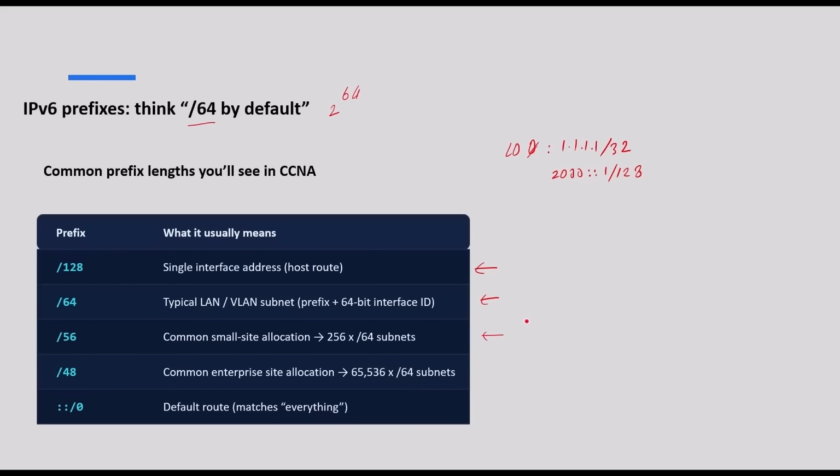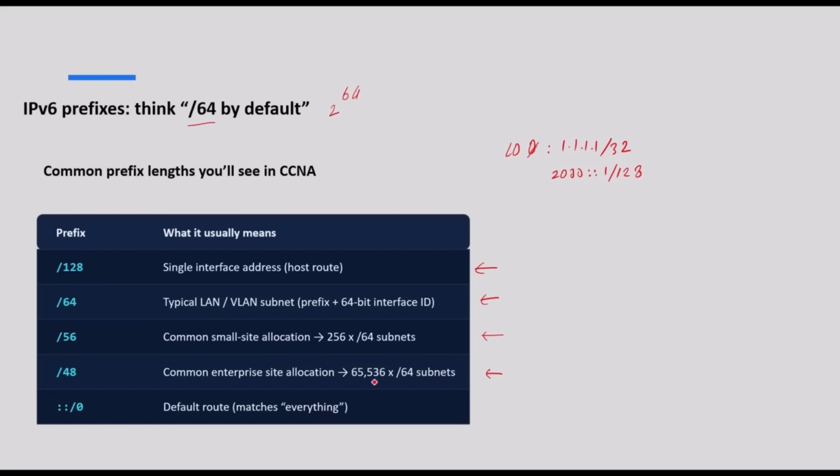So /56 is going to go for a smaller site, but still huge actually. We can also go with bigger networks. Bigger networks can receive /48, or if your enterprise is huge, you can receive /32 from your internet registries. But this means that you can have a lot of different options.